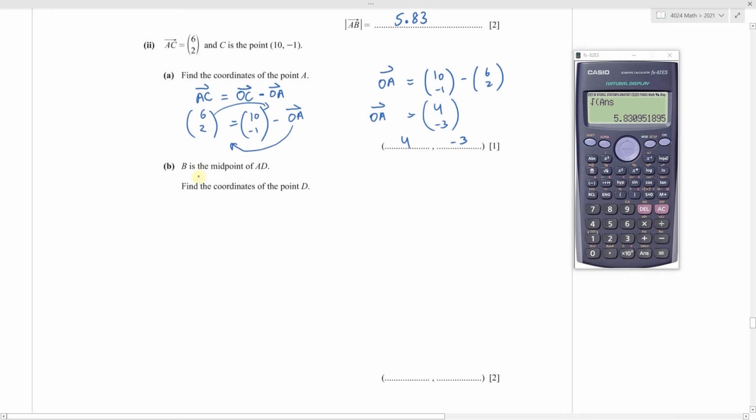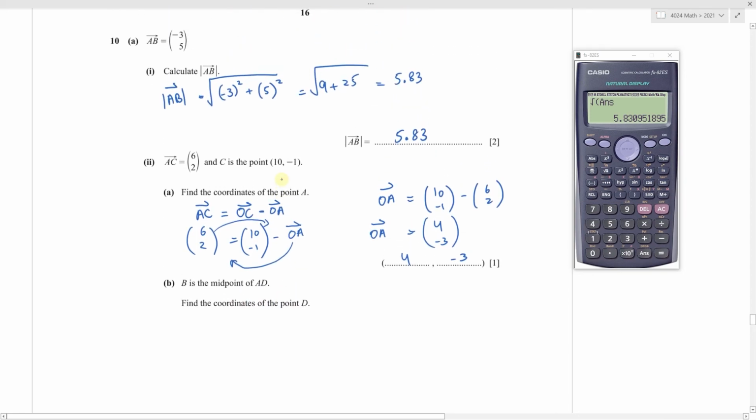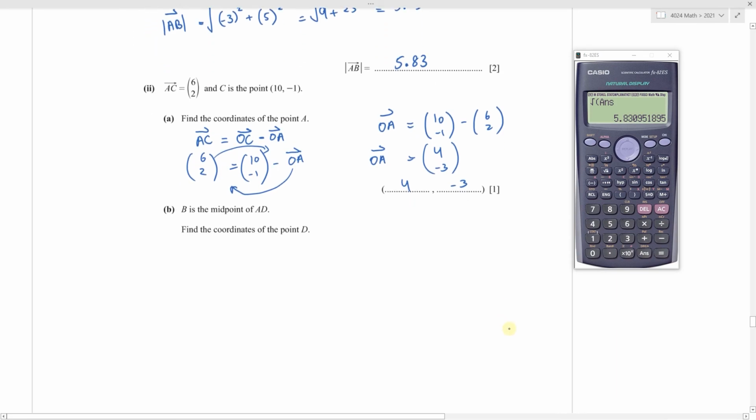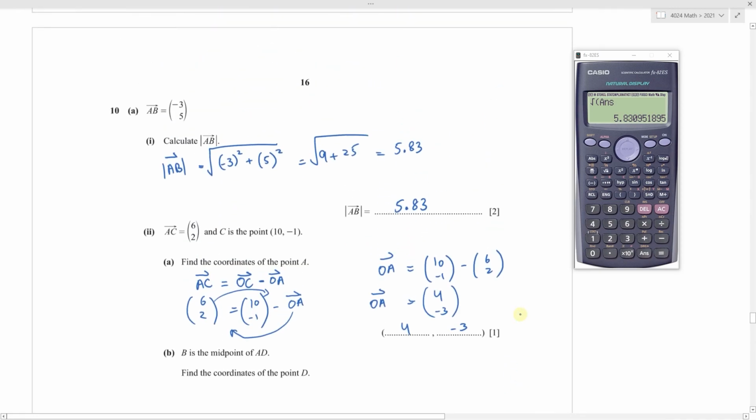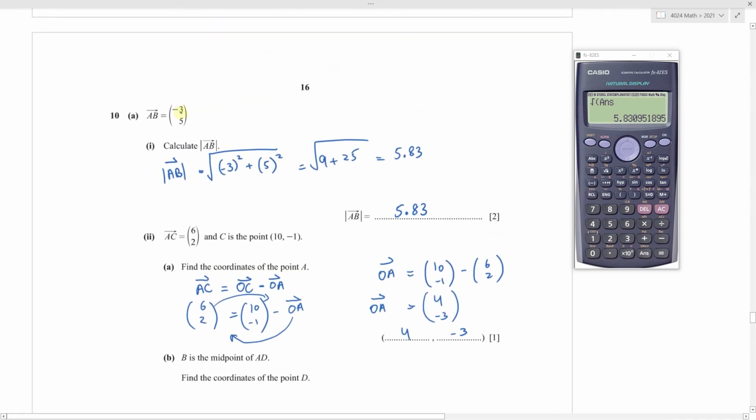Part B: B is the midpoint of AD. Find the coordinates of point D. So B is the midpoint of AD, and you're given AB. So let's see here. This is A, and AB is minus 3 and 5.